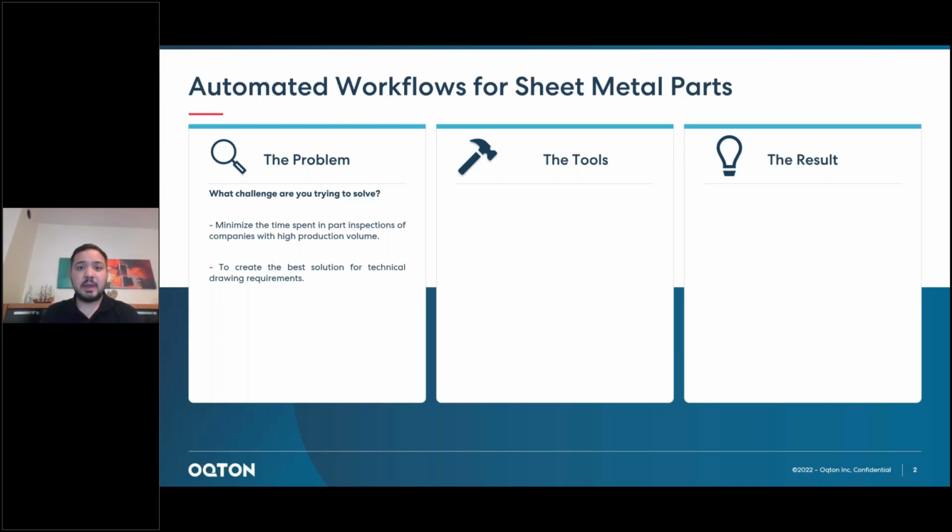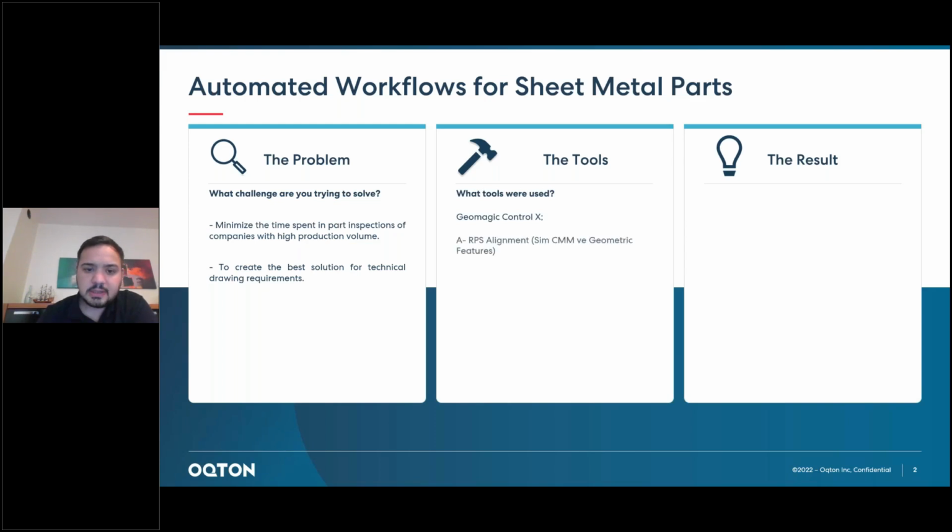We also encounter datum target alignments, GD&T inspections, and profile and line profile tolerances. So we need a solution for these kinds of challenges. We have different tools in Control X to solve this. What tools are we going to use?